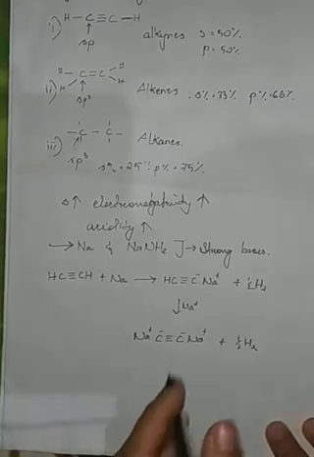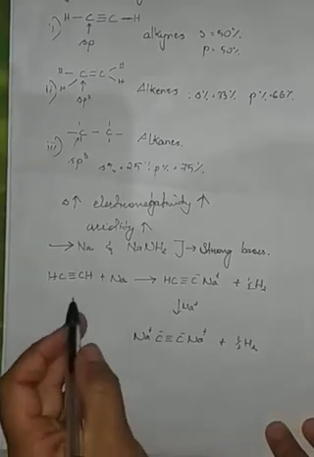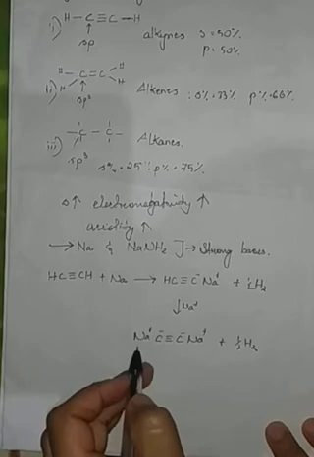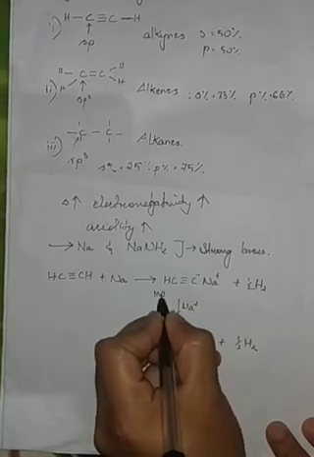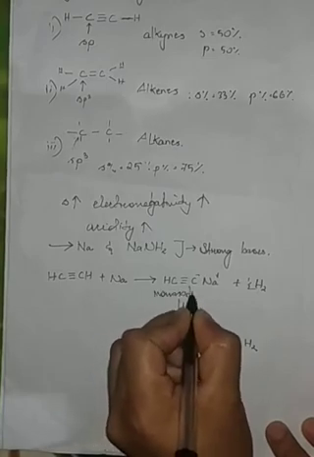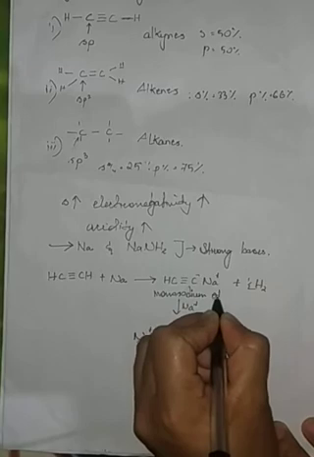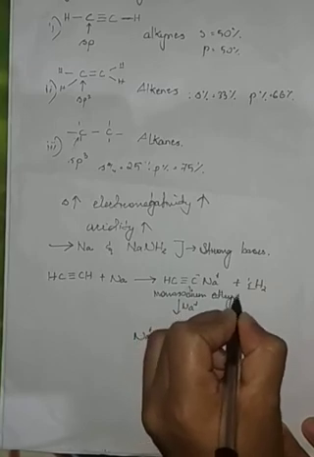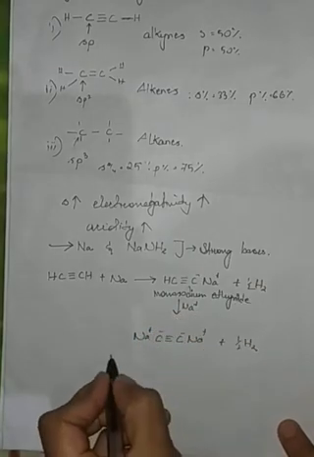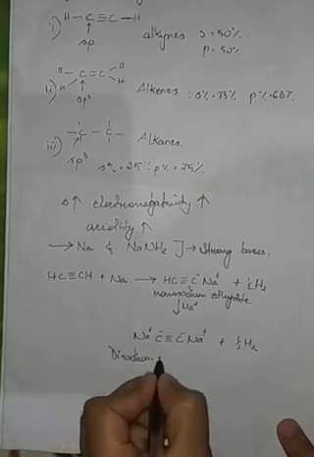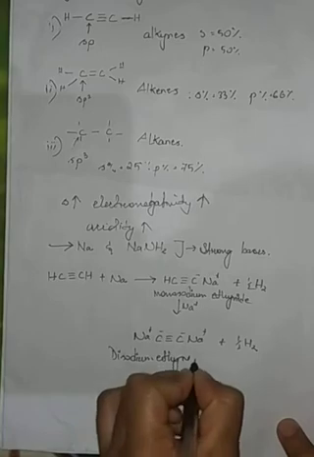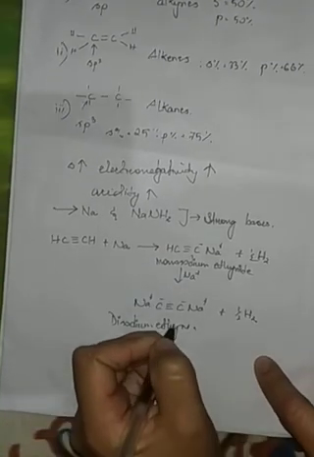This is the way sodium reacts with the ethyne molecule. This is known as monosodium ethynide, and this is disodium ethynide. Now what happens when it reacts with sodamide?